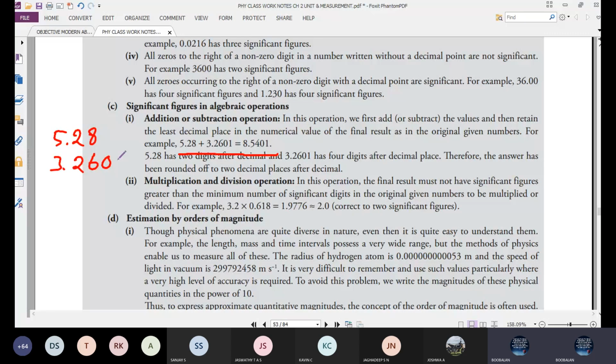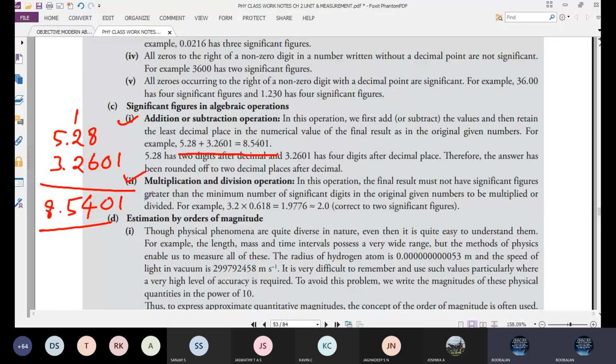So 6, 1, 0, 8, 6, 14, remainder 1, 2 2s are 4, 4, 1, 5, and a dot 5, 3, 8. So you already know very well how to add, and the decimal point, same method. That is the significant figures in algebraic operation, and multiplication.